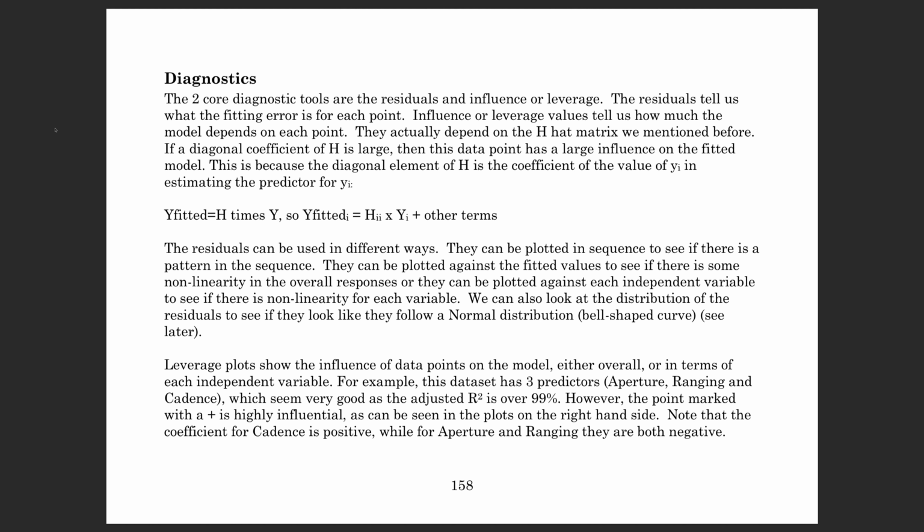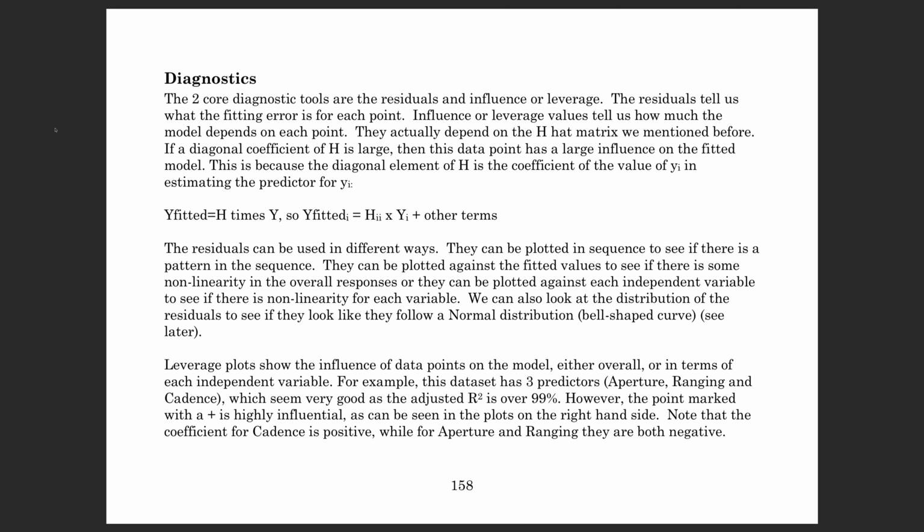We're going to talk about that part later. The leverage plots, as I said, show the influence of data points on the model, either overall or in terms of each independent variable. So I'm going to show you a data set that has 3 predictors: aperture, ranging, and cadence. And the thing we're trying to predict is yield. This data set is going to look very good because the adjusted R-squared is over 99%.